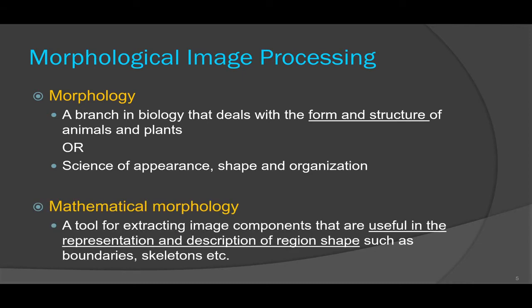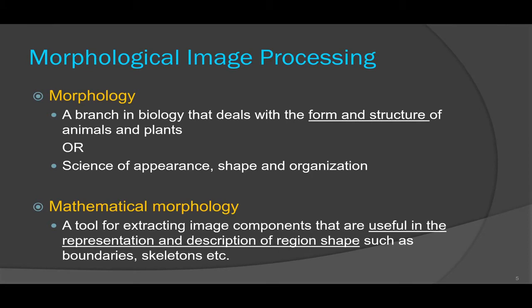A tool for extracting image components that are useful in the representation and description of region shape such as boundaries, skeletons, etc. So it is usually used as a tool for extracting some image components that are useful in representation and description of region shape, like boundaries, skeletons, convex hulls and so on.